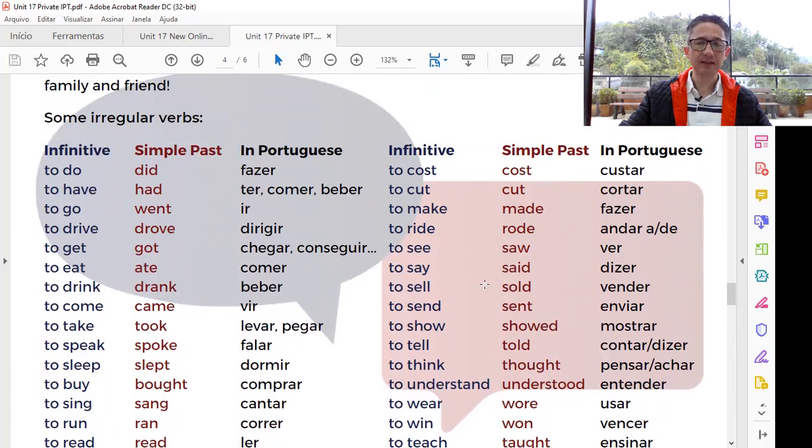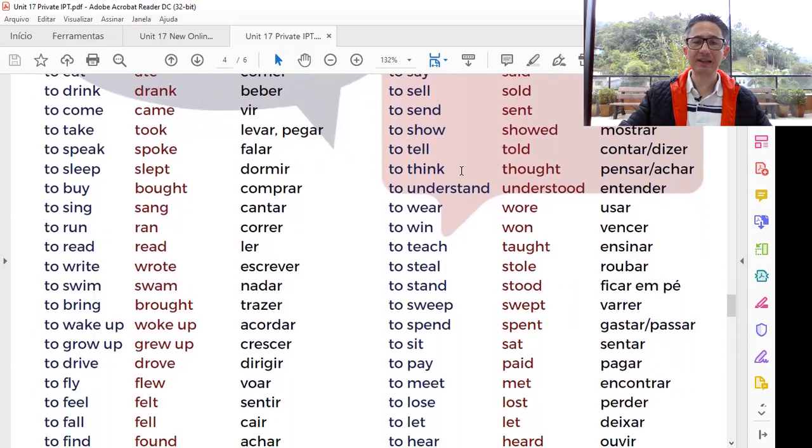To sell, sold. To send, sent. To show, showed. To tell, told. To think, thought. To understand, understood. To wear, wore. To win, won. To teach, taught. To steal, stole.